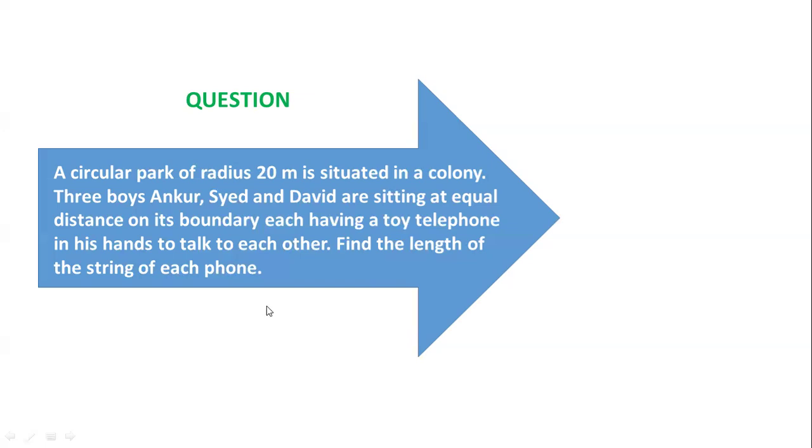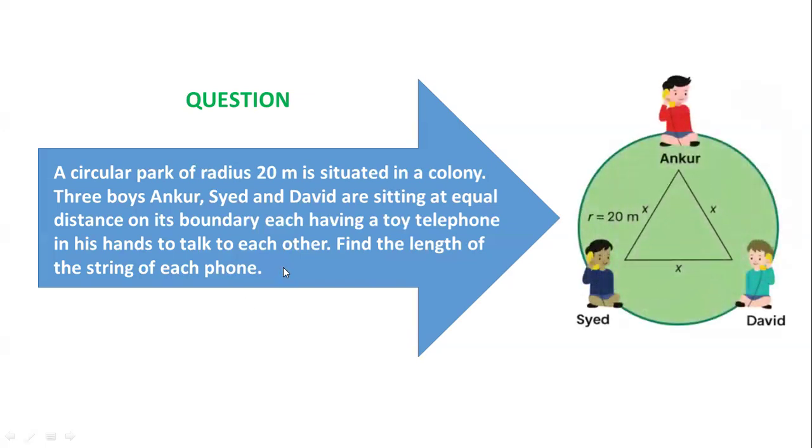If you try to visualize this, it will look like this. This is a circular park. Radius is 20 meters. Ankur is sitting here, Syed is sitting here on the circumference, and David is sitting here on the circumference. They have a toy phone in their hand.